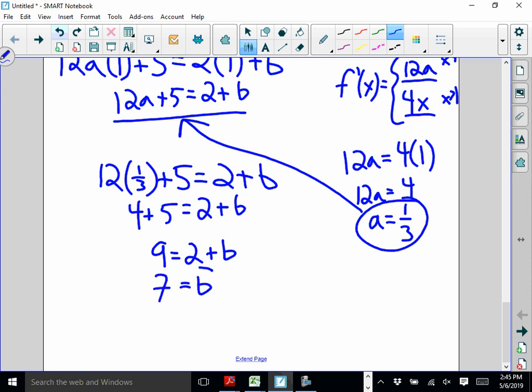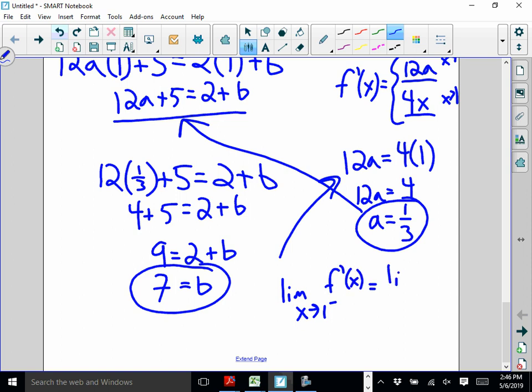Not only will these functions be continuous, the left-hand and right-hand limits will be the same, but the left-hand and right-hand limits of the derivatives will be the same. Again, this equation came from the limit as x goes to 1 minus of f prime equaling the limit as x goes to 1 plus of f prime. So for differentiability, we need the derivative limits to equal each other, as well as the left and right-hand limits of f. Okay.